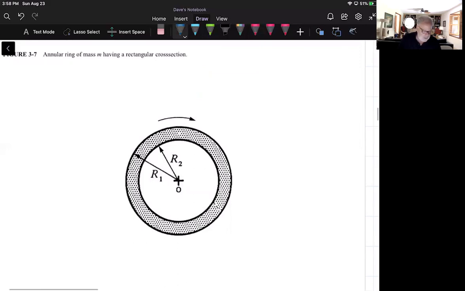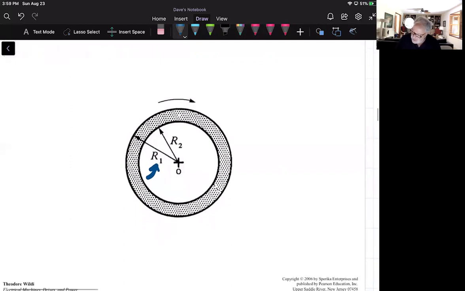Another one we run into often is an annular ring. It's not solid, and it has a certain mass and a rectangular cross section. We're looking at two radii, one from the center to the outside, one from the center to the inside of the ring. It's rotating, has a certain mass, and it has its own J number, which looks like this.